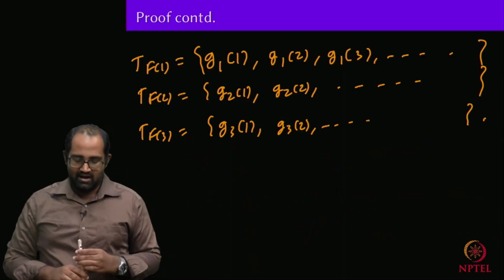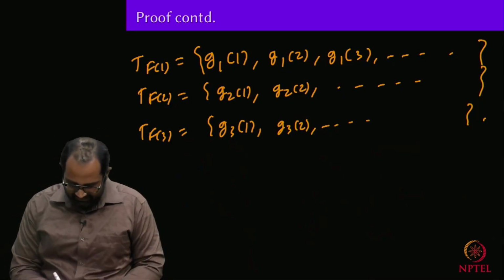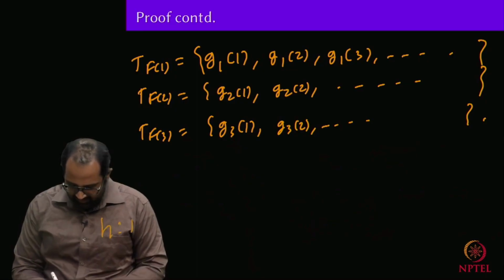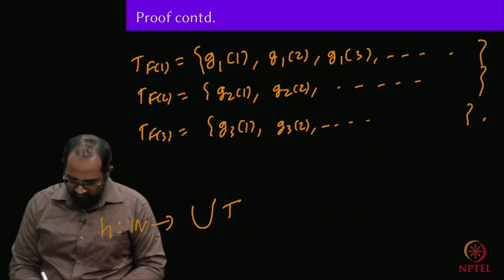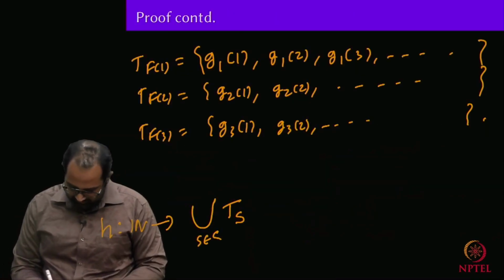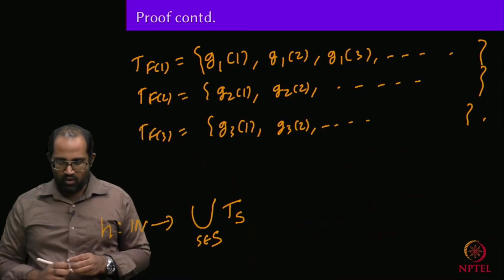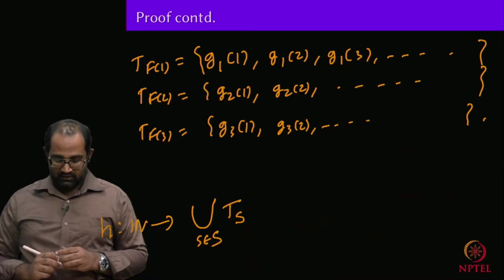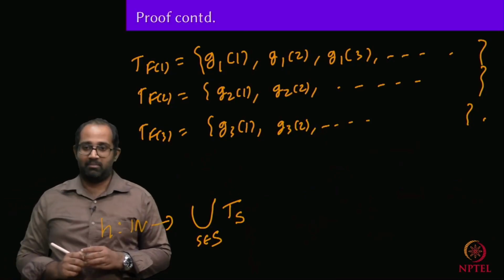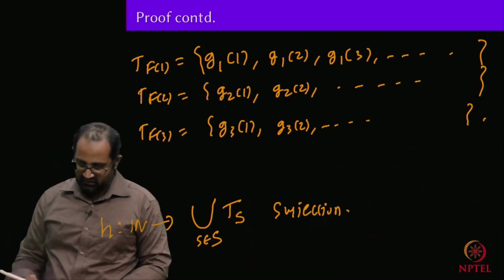Now I can construct a function h from the natural numbers to the union of T_s over s in S. I can now construct a surjection.